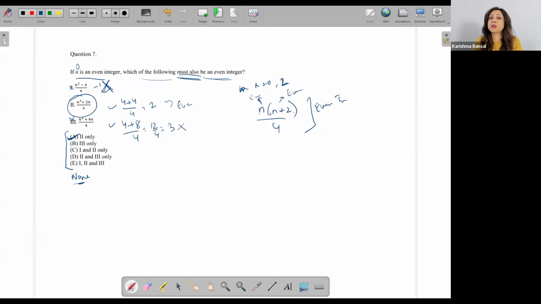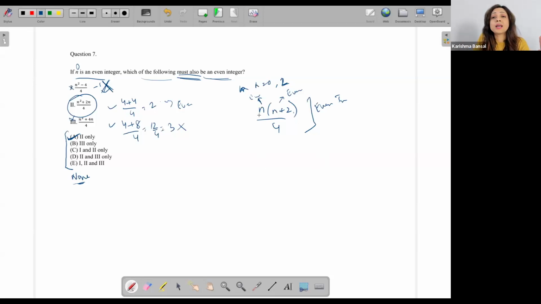If you remember our number properties discussion, when I have two consecutive even integers, one of them is going to be a multiple of 4. How various multiples are placed and all. If you don't remember that, just go back and check out your number properties module. We have an entire big discussion there.